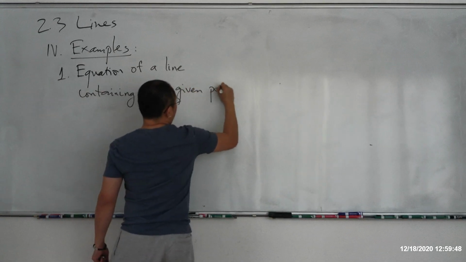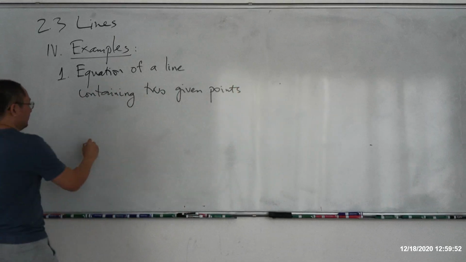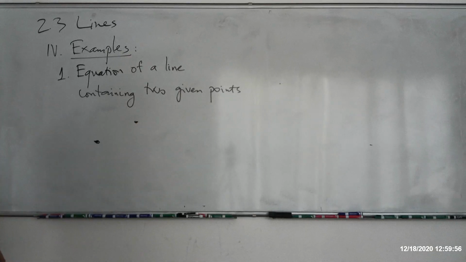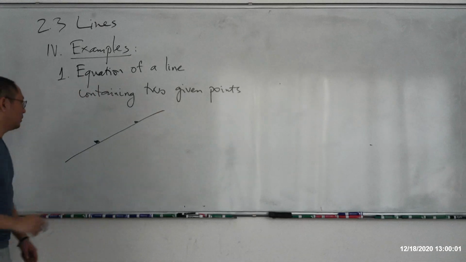So if they give you 2 points, you should be able to draw a line through the 2 points, right? You have 2 points. How do you find the equation of the line through 2 points?